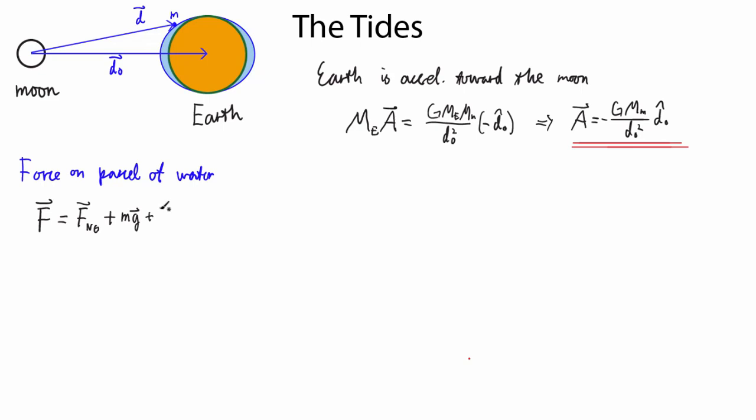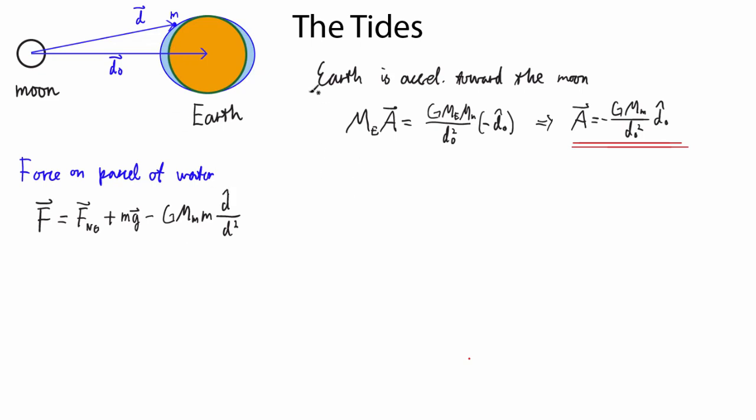And then we have the gravitational pull from the moon. So that is going to be minus G M_moon times the mass of this parcel, in the minus d hat direction, that's why I put the minus sign there, divided by d squared. So it's essentially the same form that we had over here, except that now instead of the mass of the Earth, we have the mass of this little parcel.